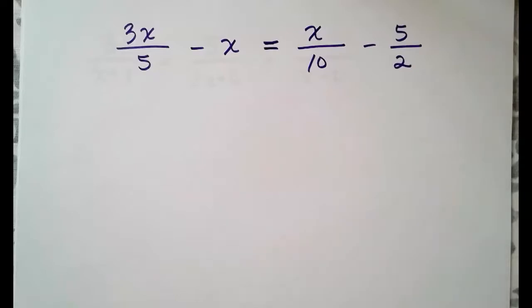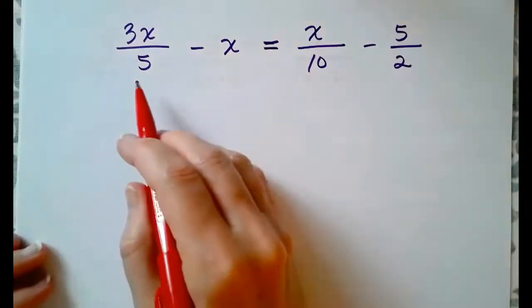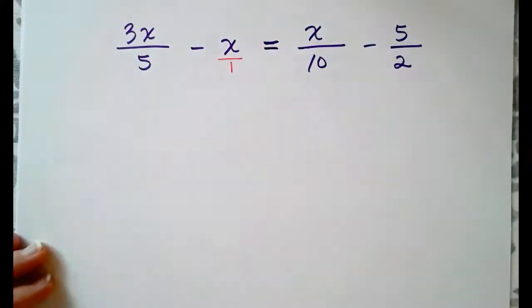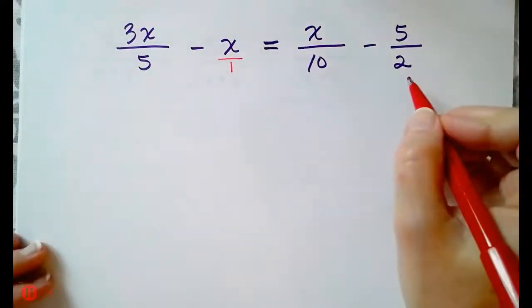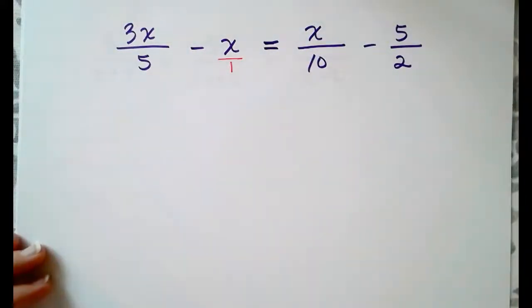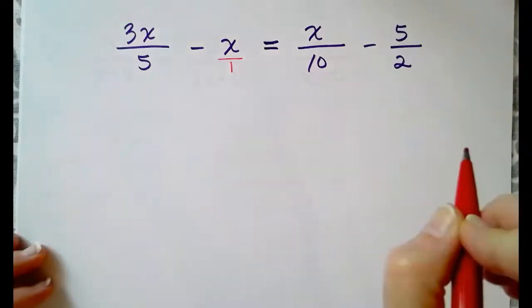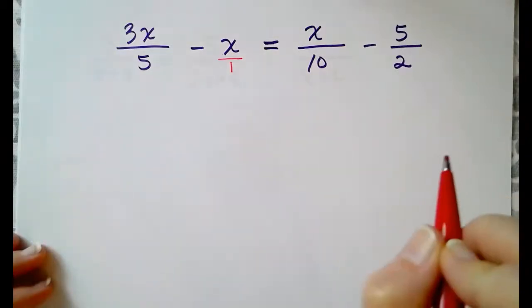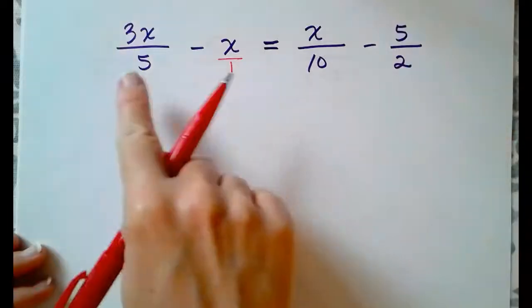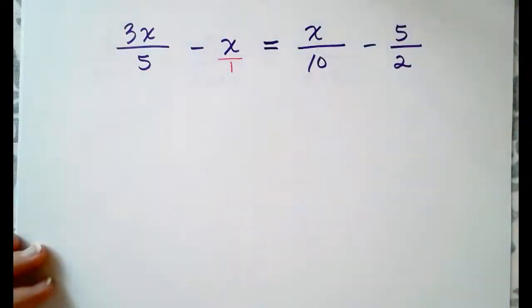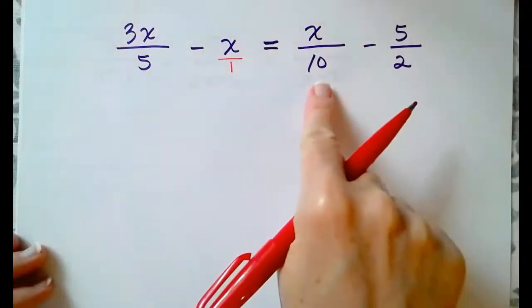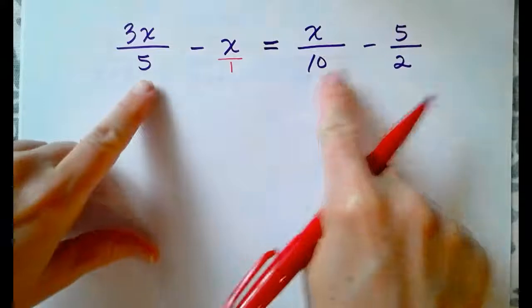Here we're going to use it and lose it. So our denominators are 5, 1, 10, and 2. Remember, a common denominator is a lowest common multiple. So we're after a multiple, not a factor. 2 and 5 are factors of 10, but 10 is the least common multiple of 5 and 2.